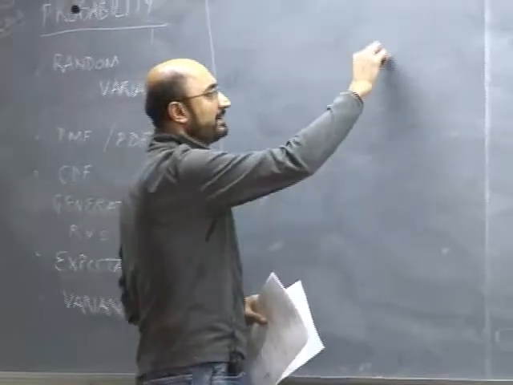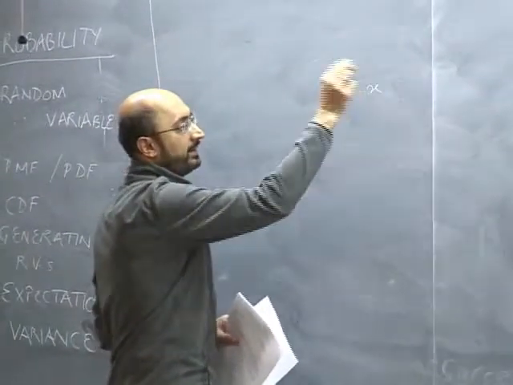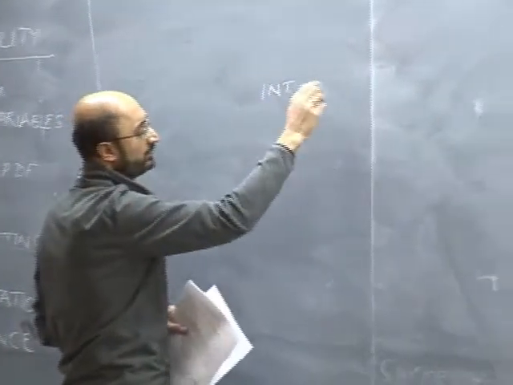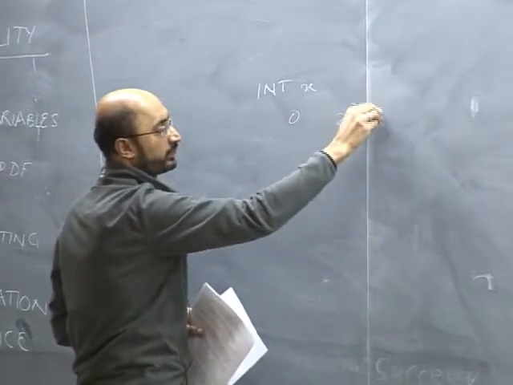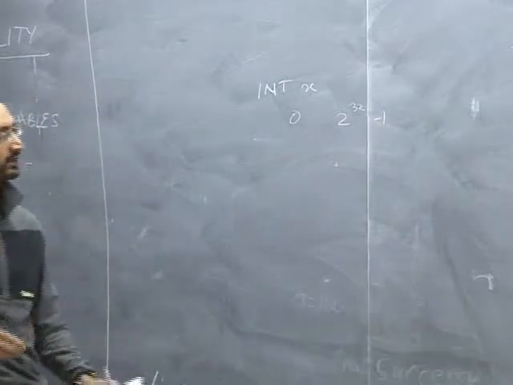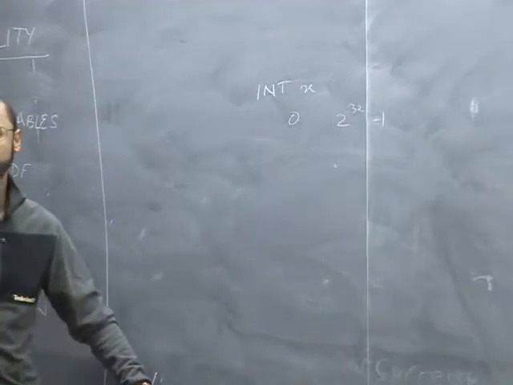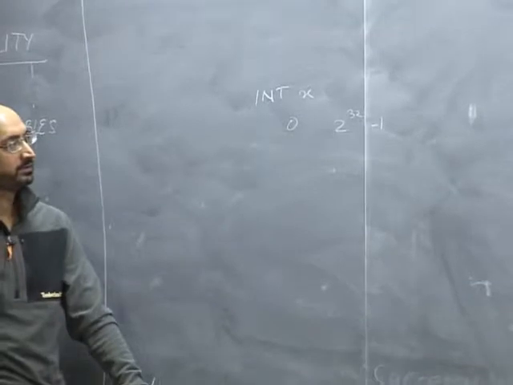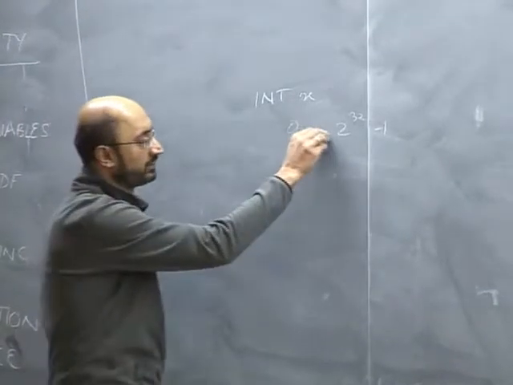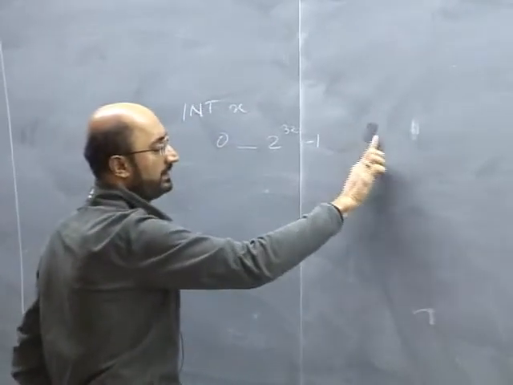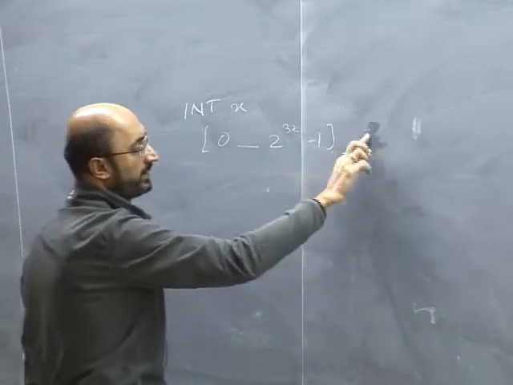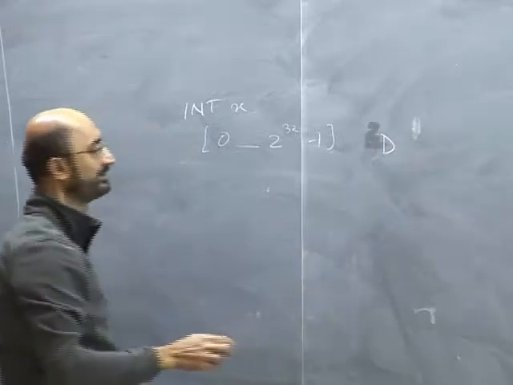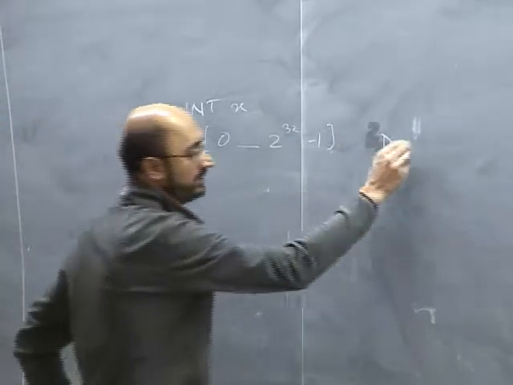So if I say int x, it's an integer, and it has some values, basically 0 to 2 to the power 32 minus 1 if it's a 32-bit integer. So it takes a certain set of values, and you can call this range 0 to 2 to 32 minus 1. We'll call that the domain D of this integer x, and so that's the domain.